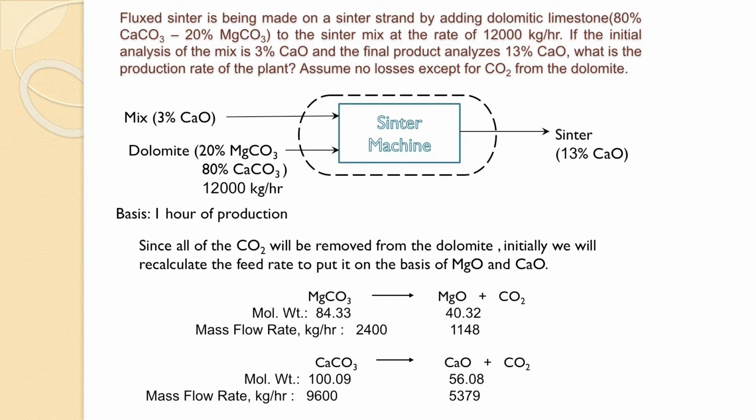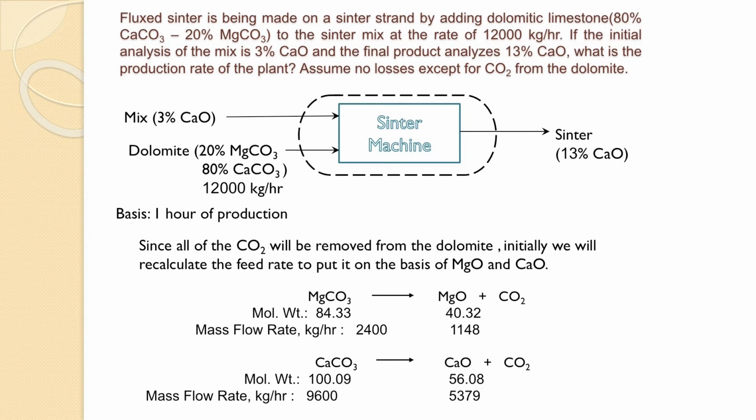If the initial analysis of the mixture is 3% CaO and the final product analysis is 13% CaO, then what is the production rate of the plant? Assume no losses except for CO2 from the dolomite. So, we have to find out the production rate of the plant.